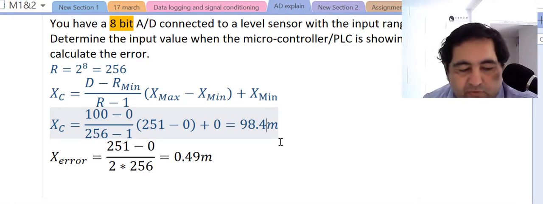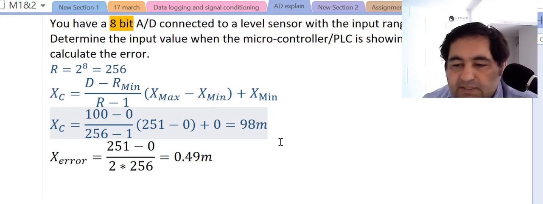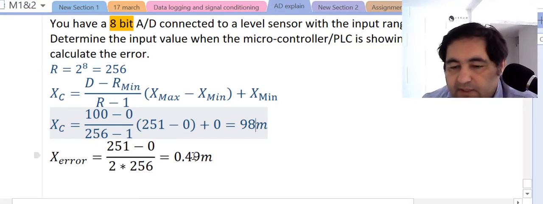So that 0.4 is just sort of something nonsense. So it's better to just say 98 meters, rather than saying something that basically doesn't exist. Well, this is the X error that we have.